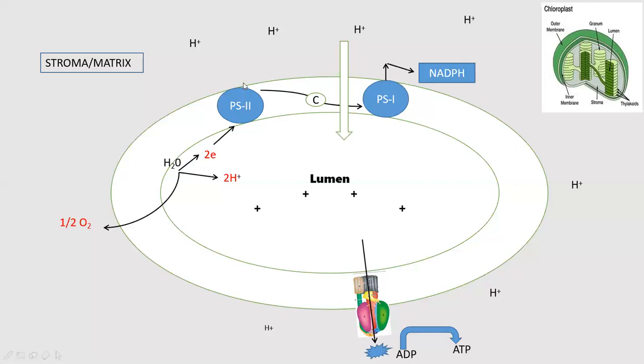These two energized electrons again pass through different electron carriers. While passing through the cytochrome complex, they lose their energy and become normal, and finally reach photosystem 1 to replace the missing electrons.